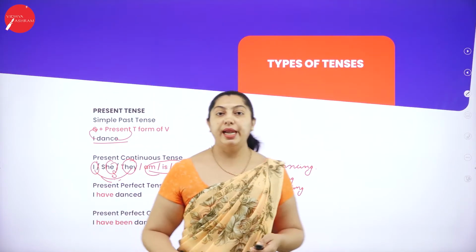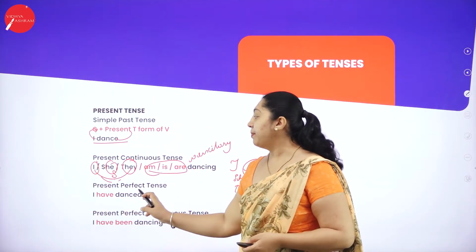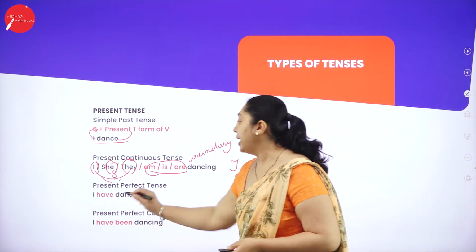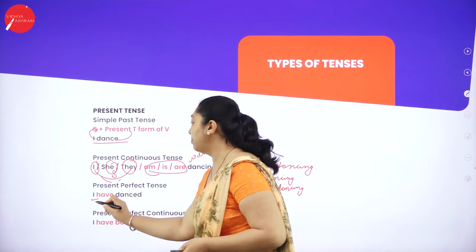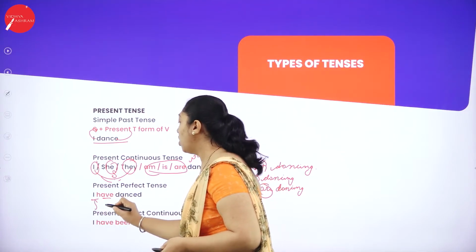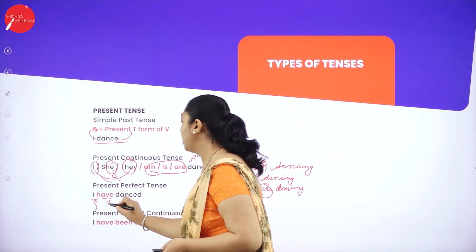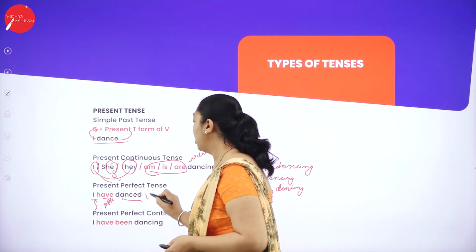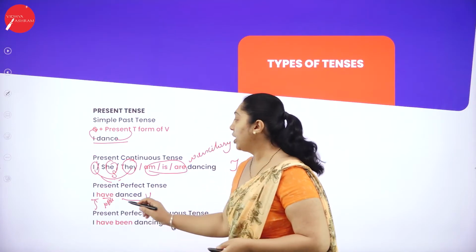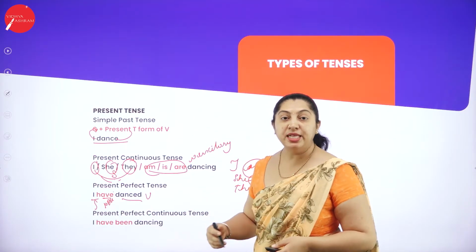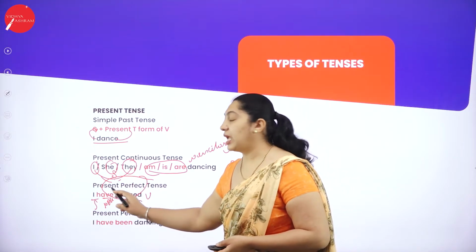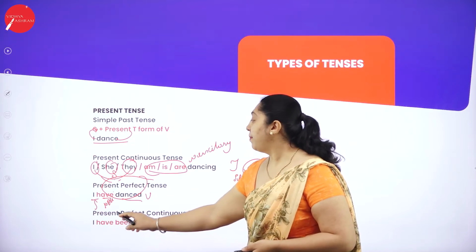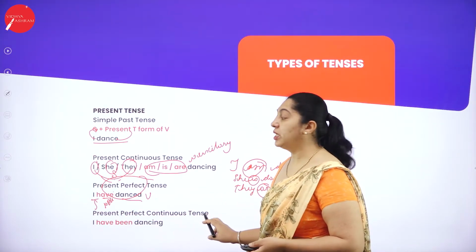Moving on to the next tense, that is present perfect tense. In the present perfect tense, I is the subject, this is the auxiliary verb, and this is the verb. Here, always in the present tense, the subject and the verb remain the same in the present perfect tense. The last one is present perfect continuous tense.